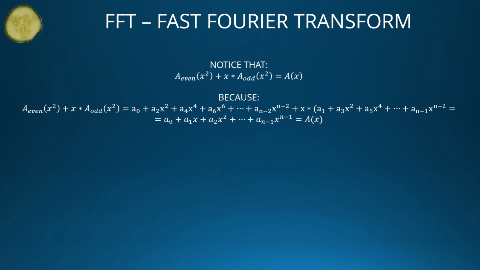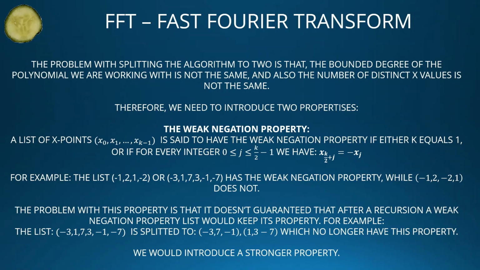Notice that a even of x² plus x multiplied by a odd of x² equals a(x) because of the following proof. Alrighty. The problem with splitting the algorithm in two is that the bounded degree of the polynomial we're working with is not the same, and also the number of distinct x values is not the same.